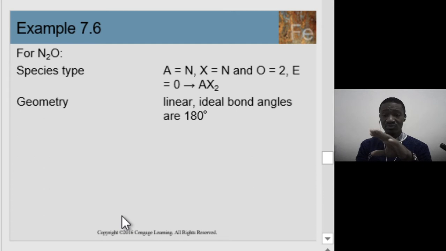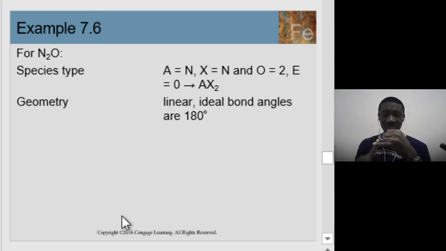N2O, which is just linear. The reason is that you have your terminals, and the central atom is oxygen, which has 6, and then nitrogen is the central and nitrogen is the terminal, which makes it interesting.